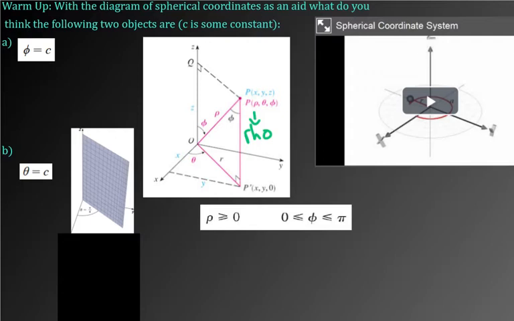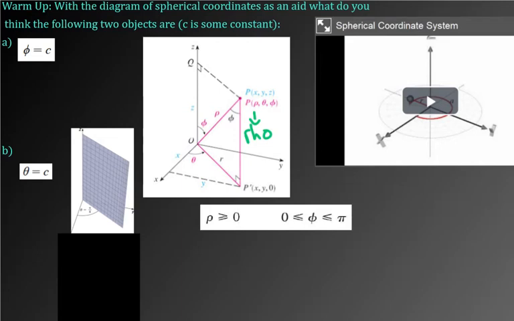That is the angle that starts on the x-axis and goes around, the polar theta. Phi is a new angle. You measure it from the positive z-axis, and it goes down.